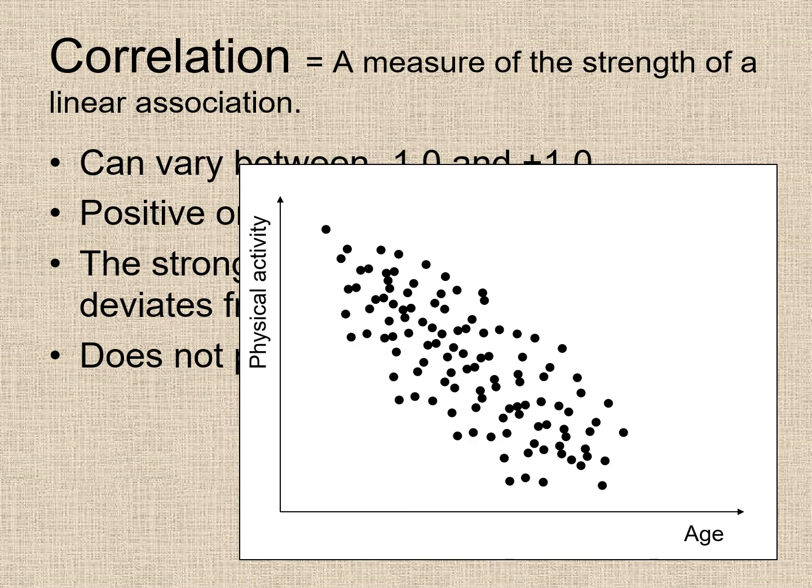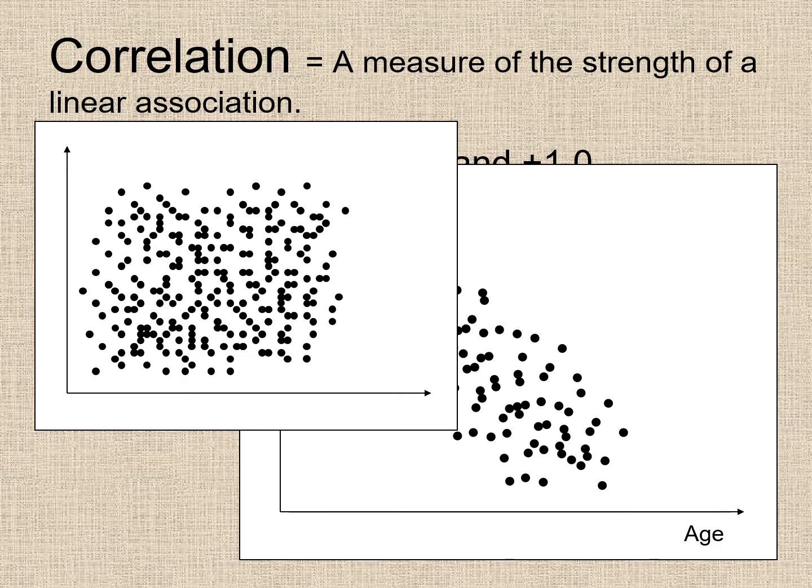And zero correlation, no linear association between two continuous variables, then the scatter plot might look something like this. So here you see if we increase the value on the x variable, there is no systematic change on the value on the y variable.